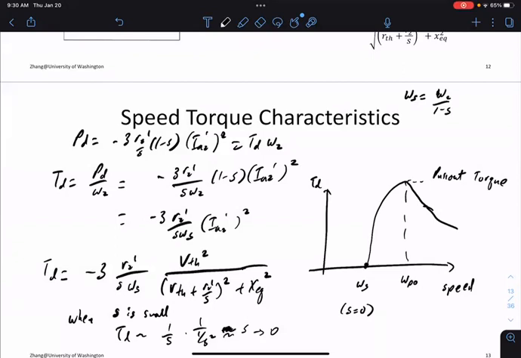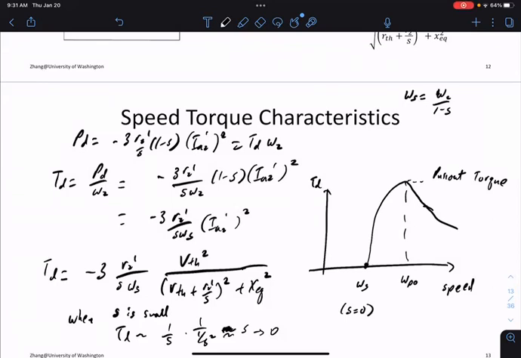When you operate the turbine, you want to make sure your speed is above the synchronous speed. Otherwise, you have power going into the turbine, which is not very good. You also want to make sure your speed is lower than the pull out speed, because once you get to the pull out torque, things become unstable.